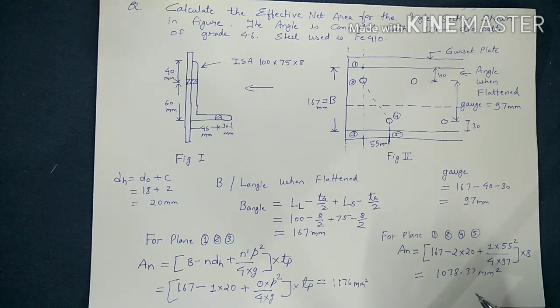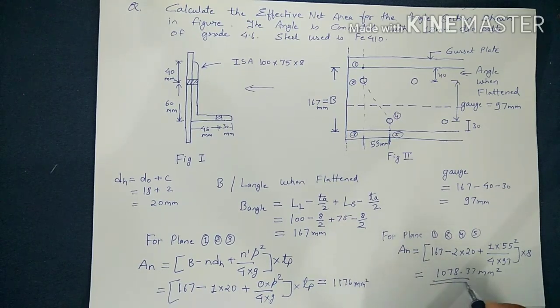So the critical plane will be that plane in which the net sectional area is minimum. Comparing this plane and this plane, this plane shows lesser net sectional area. Therefore, plane 1, 2, 4, 5 is the critical plane.